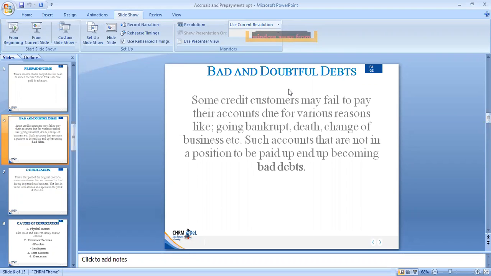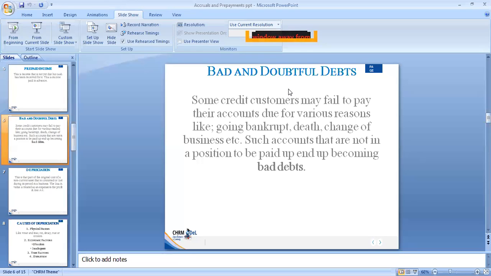Any business that engages in credit sales is going to create people we call debtors. Debtors are those customers who buy goods from the business on credit terms. Not all the customers are going to honor their accounts when the time falls due.